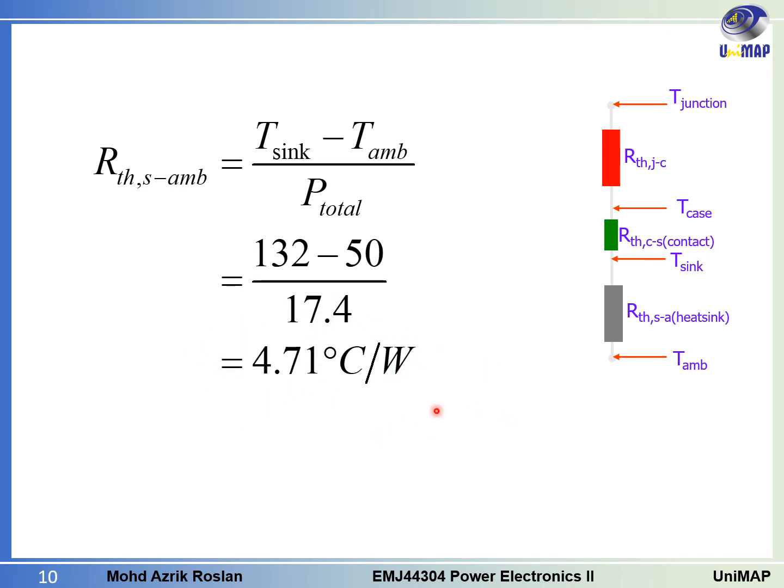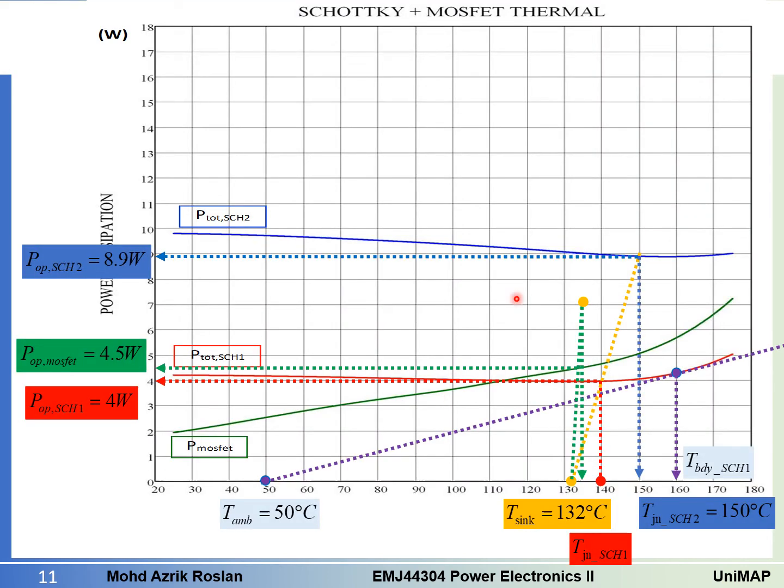So this is the thermal resistance for the heatsink. If you want to find the heatsink for this operation, or to cool these three devices, we have to use this value for the thermal heatsink. If you want to see it graphically, in terms of the drawing, we have the total power of 17.4 watt.